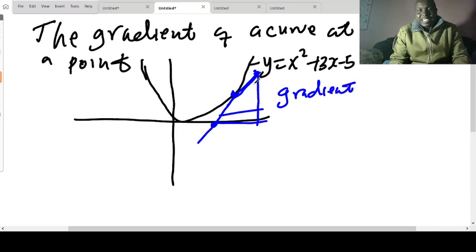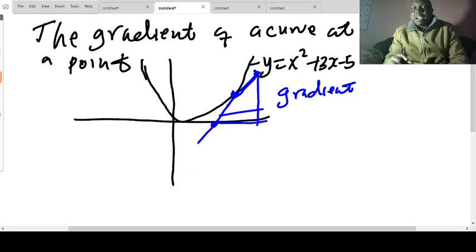Once you calculate the gradient of this tangent, that will be the gradient of the curve at that point. So the key word here is that the gradient of the curve at a point is exactly the same as the gradient of the tangent at that point.